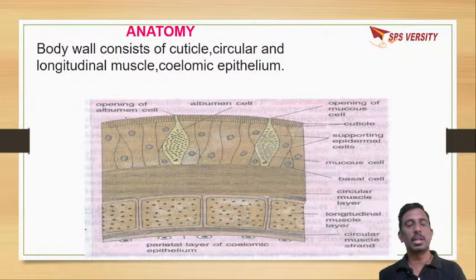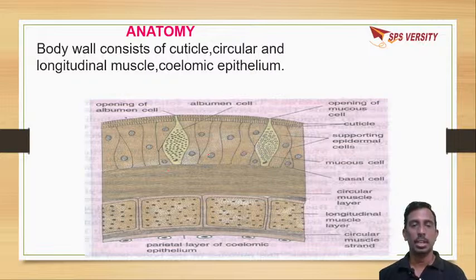Next, we are going to study about anatomy, internal structures. If you look into the internal structure, the outermost layer is the cuticle. Below this cuticle, there are circular and longitudinal muscles, and there is coelomic epithelium.